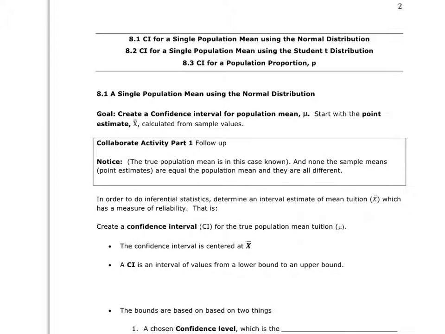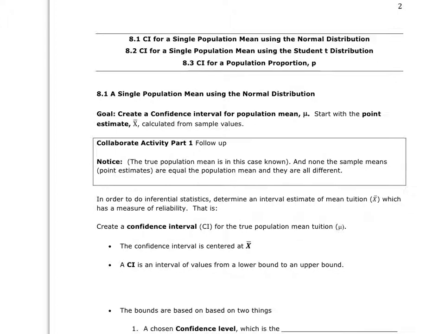And so you can compare your sample mean and the other sample means, and you'll notice that none of those sample means are equal to the population mean, and all of the sample means that are inputted are different. They're all unique. Okay, so each one of those sample means can be used as an estimate of the population mean, even though they don't equal that population mean. So we just want to notice that at this point.